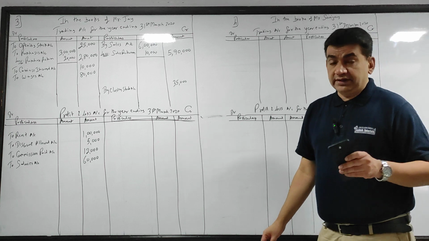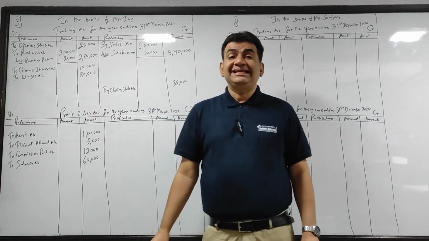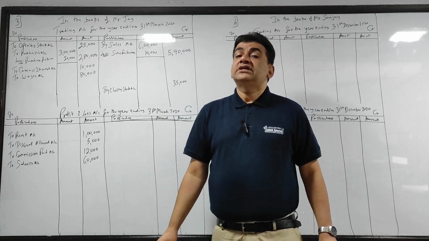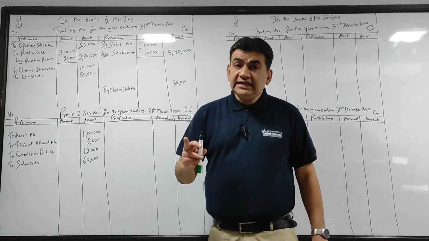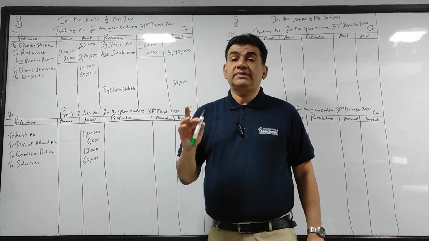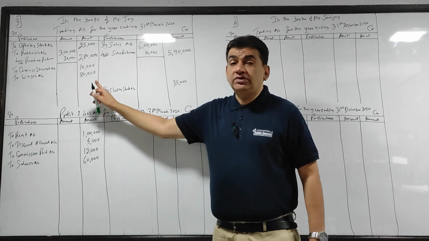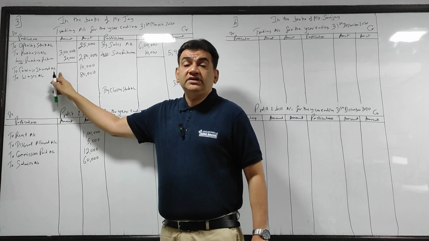Carriage outward. Already I gave you the hint some time back. What I told you? Any expense which is connected with purchase of goods will be a direct expense debited to trading account. Look, carriage inward. What is carriage inward?